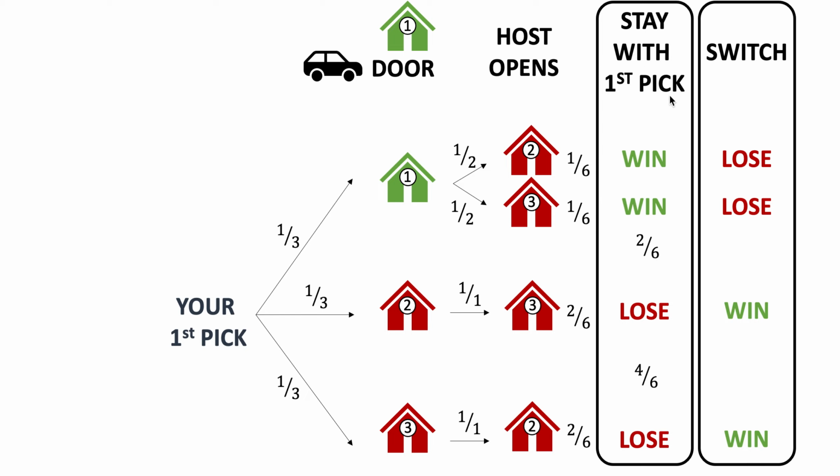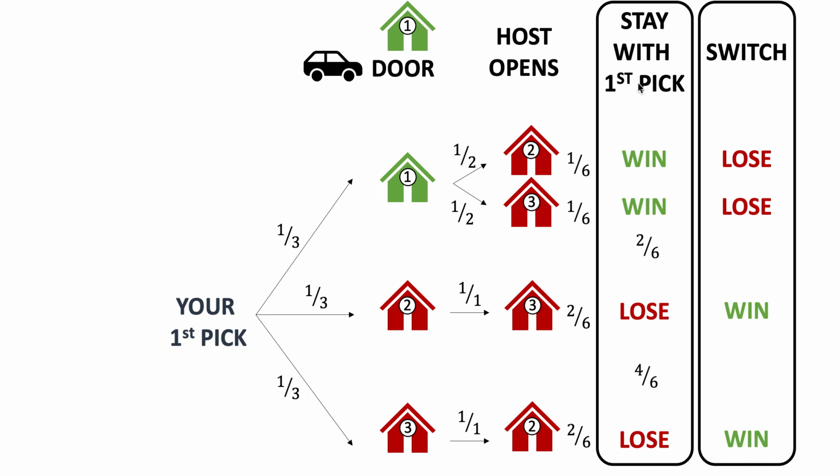So staying with your original decision means your probability of winning is 1 by 3 or 2 by 6. It's lower as compared to the probability of losing. So there are more chances that you would lose if you stay with your original decision.